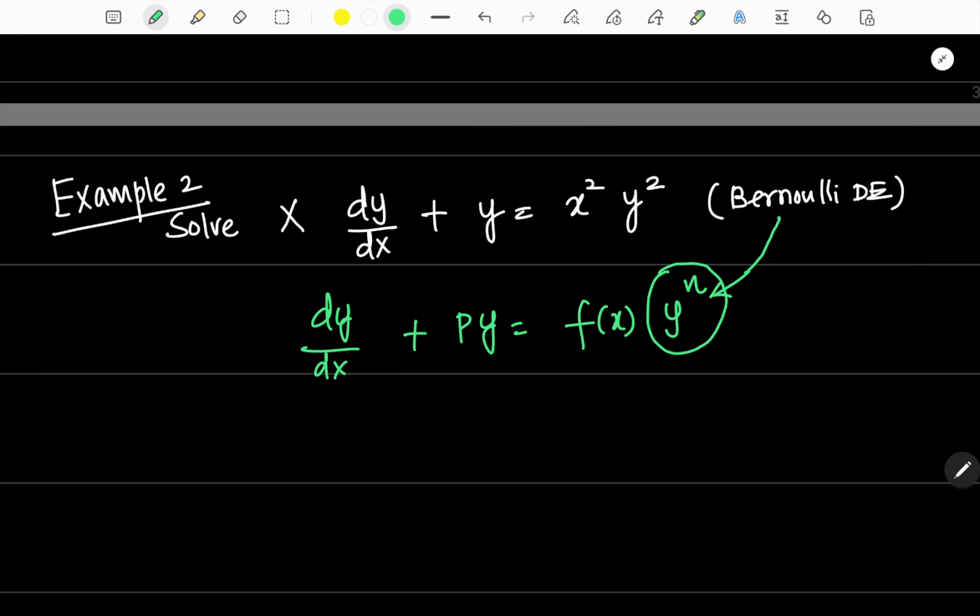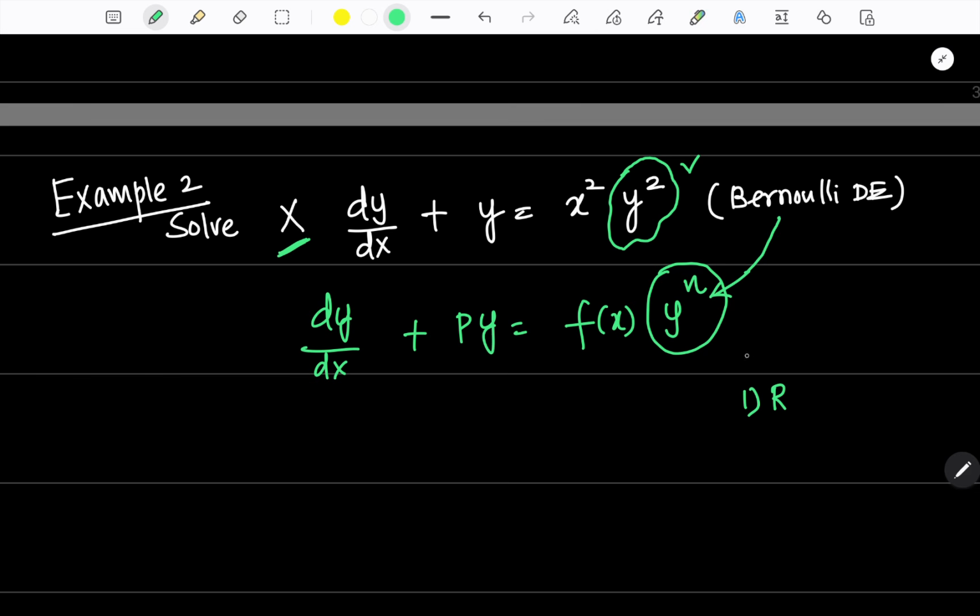So now what are the things you need to do? The main thing you just keep in your mind: on the right hand side you should not have y square. Keep that in mind, first thing. And also when you are leaving this y square, try to remove this x also. The x coefficient should not be there near dy by dx. What did I say?